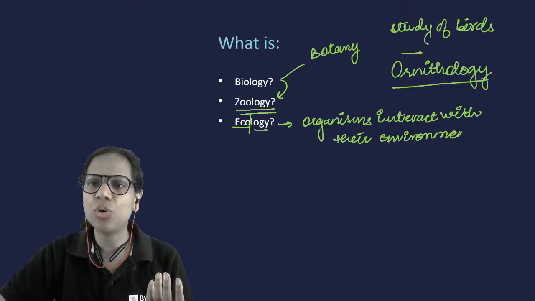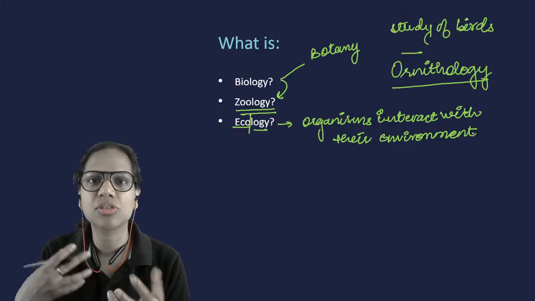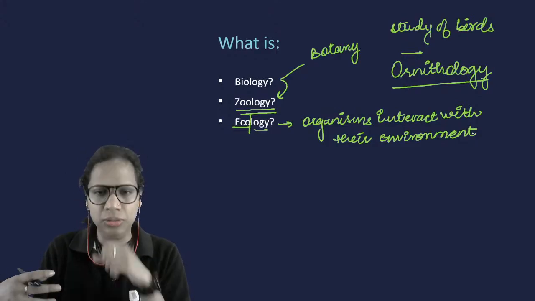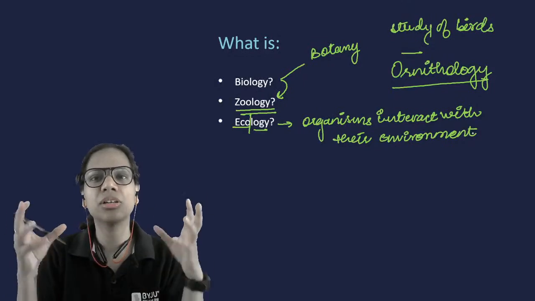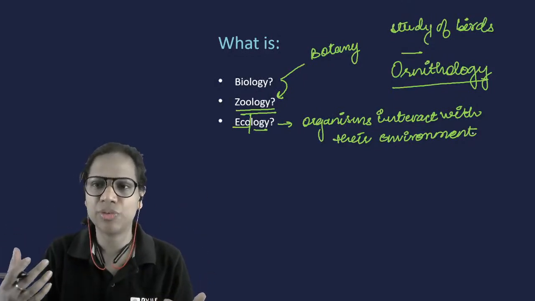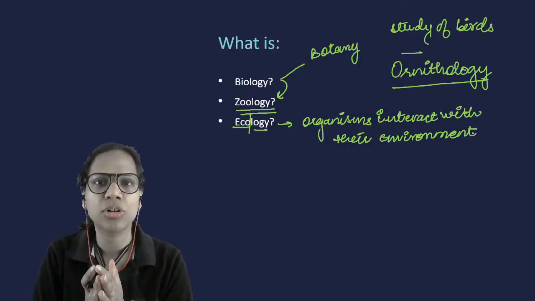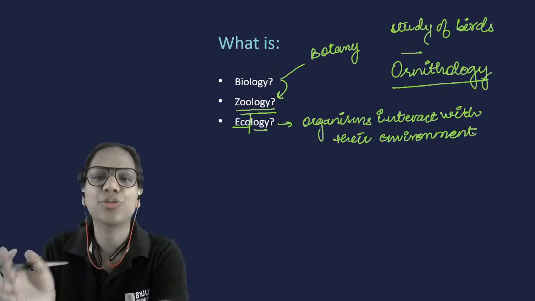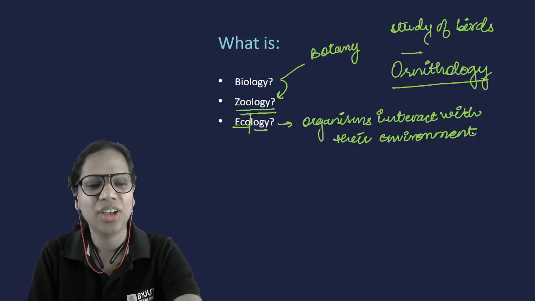On the other hand, when we talk about the environment, we are concerned with all the chemical processes also that happen in the environment. So we don't just look at it in relation to the life that is present in the environment. The various chemical, physical processes, we also talk about them. So that's the difference between ecology and environmental sciences.